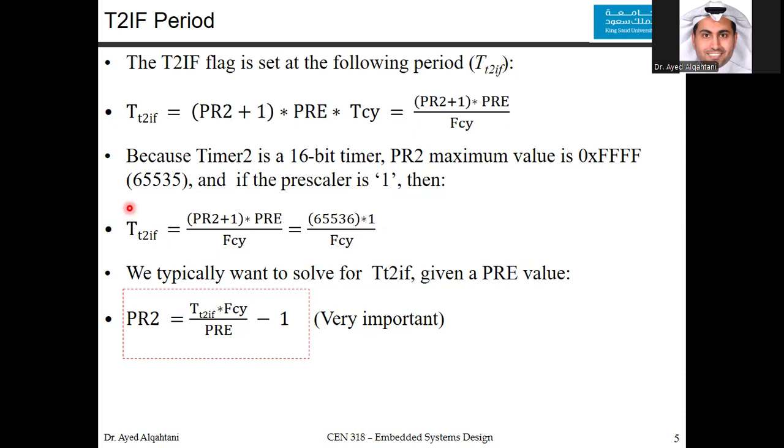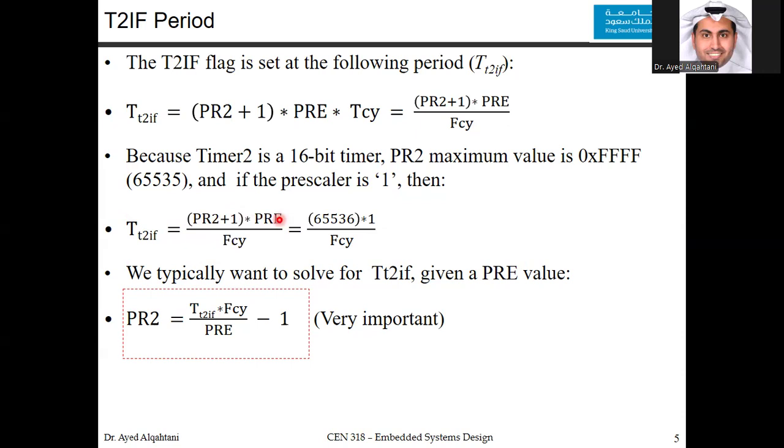So you want the timer to start from 0, and when it reaches a certain value, you want it to stop. This is the sort of application you would have in any system. Now, these two values should be known to you, and you have 2 more values that you need to find out.